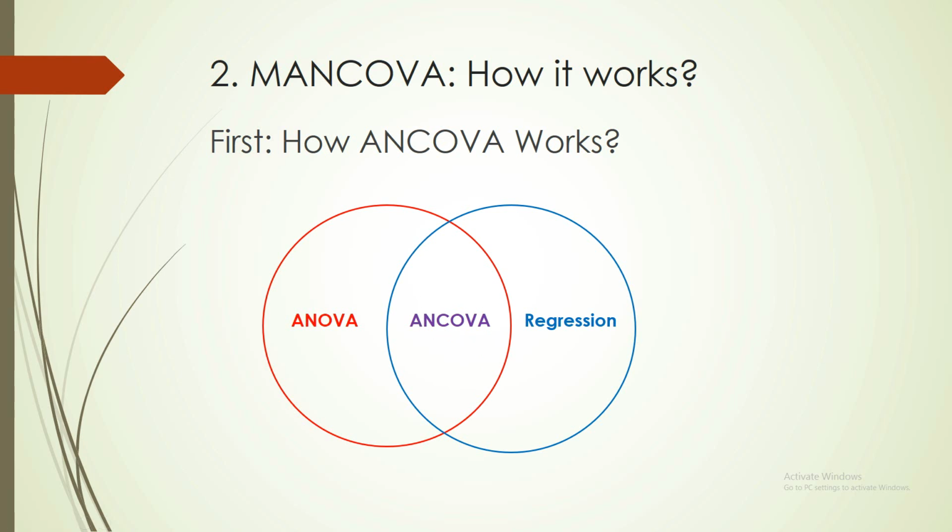And ANCOVA uses the regression method in order to calculate a new adjusted mean for each group using the covariate. When we use this method to control the covariate, the adjusted means are then reanalyzed to see if they are truly different from each other between the different groups that were given by the group variable.